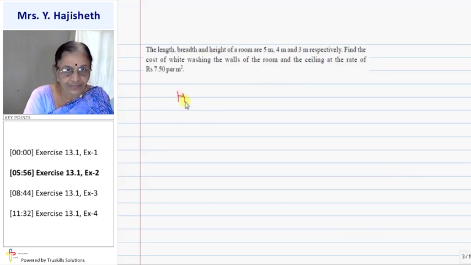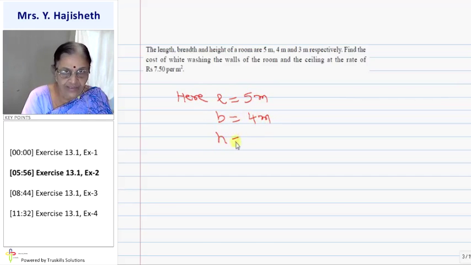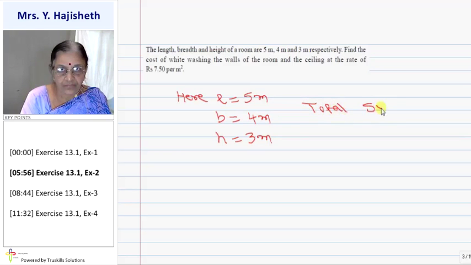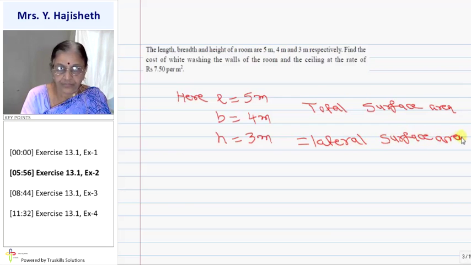L is given as 5 meter, B is given as 4 meter, H is given as 3 meter, and total surface area is equal to lateral surface area plus area of ceiling.